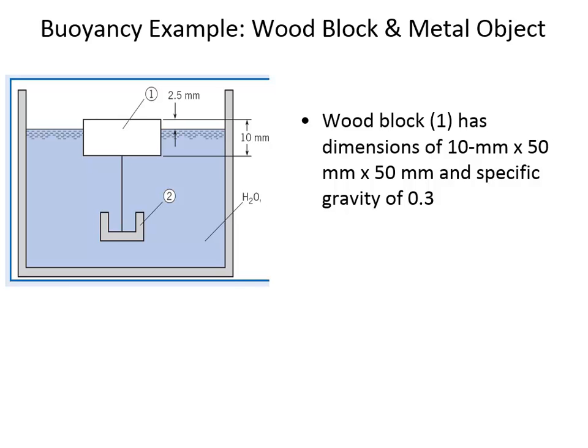But the specific gravity is 0.3, which means if it was unencumbered by anything else, it would only be submerged 30% because of the specific gravity of the block. So why is it submerged more than 30%? Yeah, it's that metal object that's down beneath that's dragging it down.